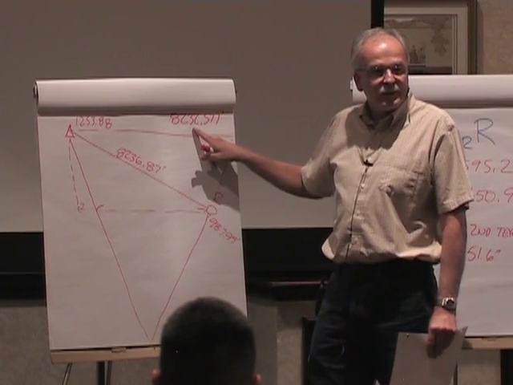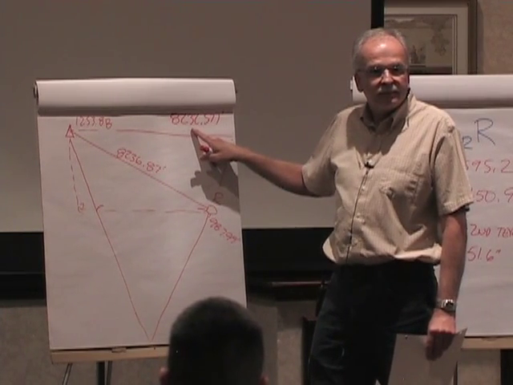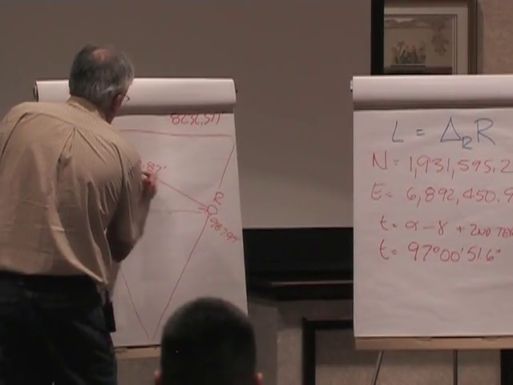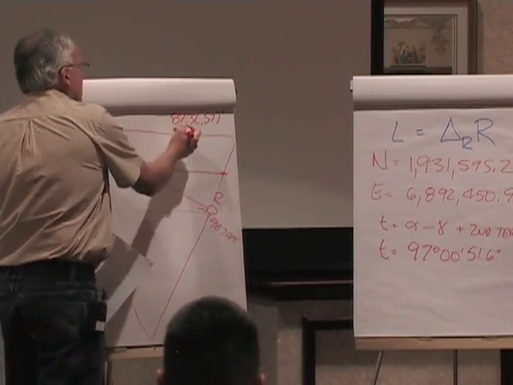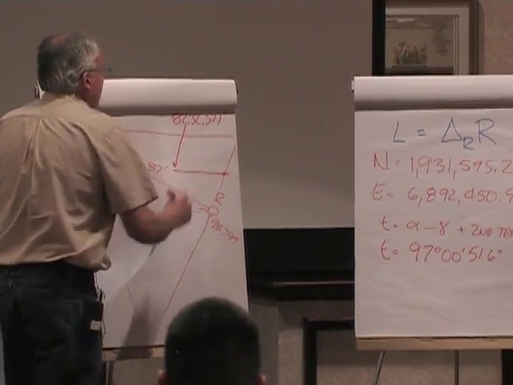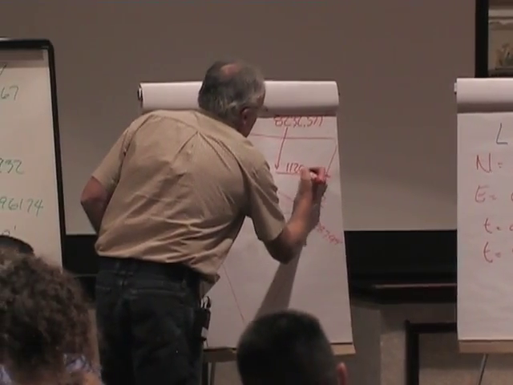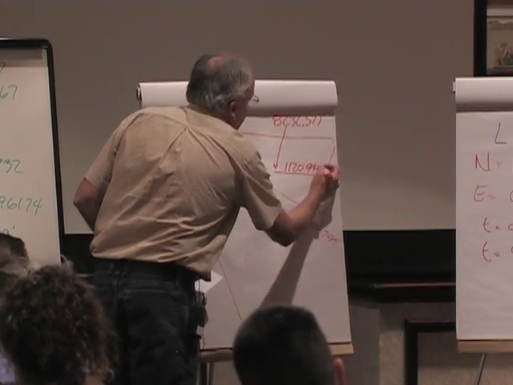Where do I put this dimension? This dimension is going to be the dimension halfway between the two. It's going to be the distance 8232.577, at an elevation of 1120.94 feet.